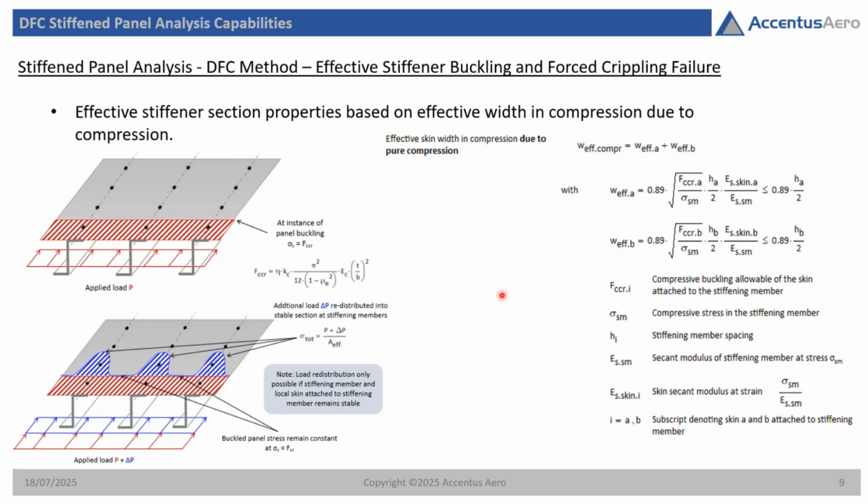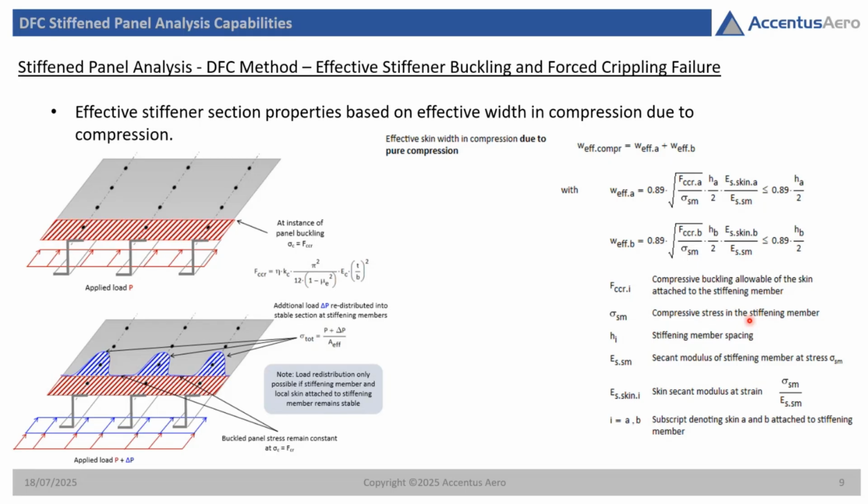According to the methods per the NACA and the Bruhn, we then use an effective width to calculate the section properties of the stiffening member based on the compressive stress that's applied to that effective stiffener.